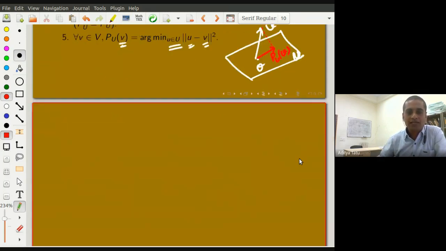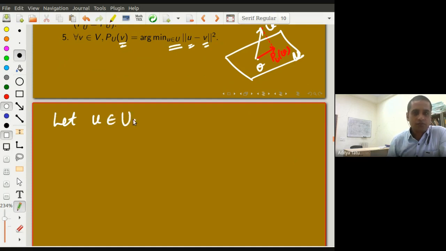Okay, I won't harass you guys more. I'll just quickly go to the derivation here. So let u be any arbitrary vector in the subspace U. I want to find the distance between v and u, so distance squared, which is this.